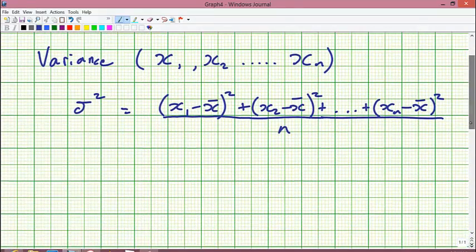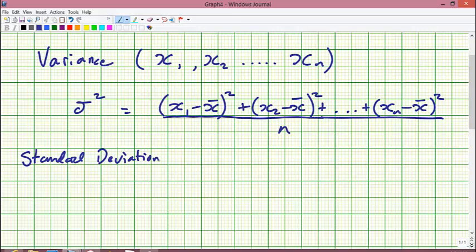And this is refined one further step by looking at standard deviation. Standard deviation is sigma, and that is obviously the square root of variance. So the formula for standard deviation is this.